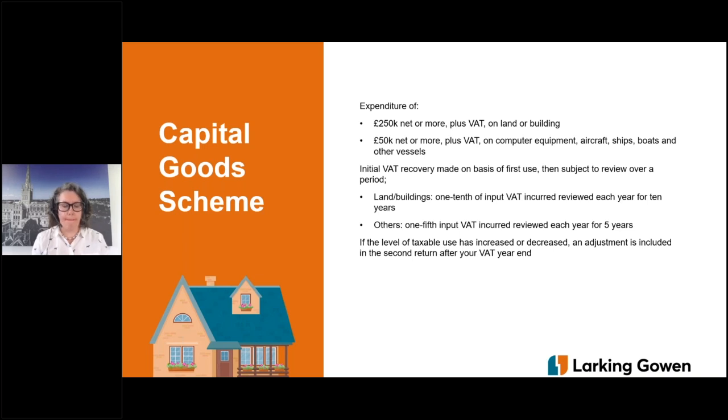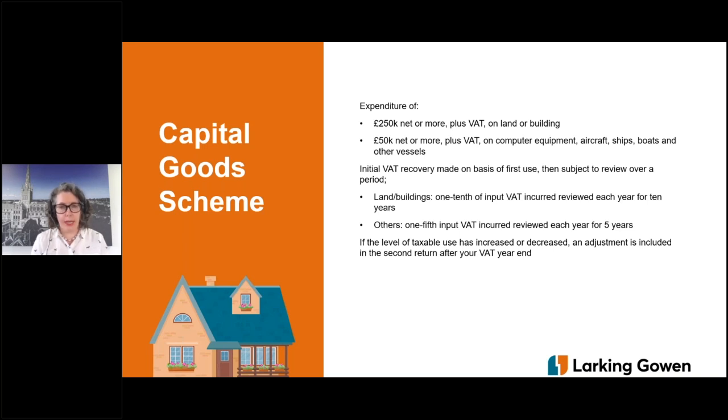So that might be buying land, it might be constructing a building, it might be refurbishing a building, extending a building, any of those things where the project was £250,000 or more. It also applies, although less commonly, to spend of £50,000 net or more plus VAT on computer equipment, aircraft, ships, boats and other vessels.